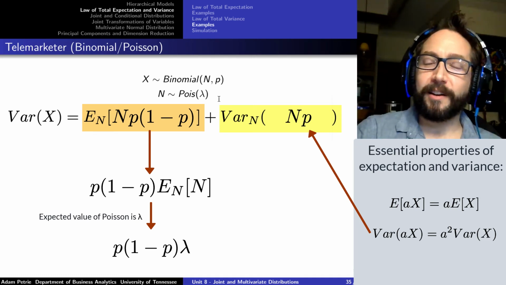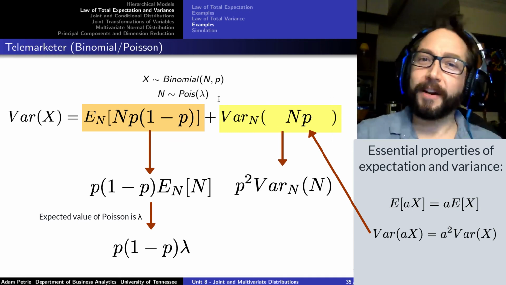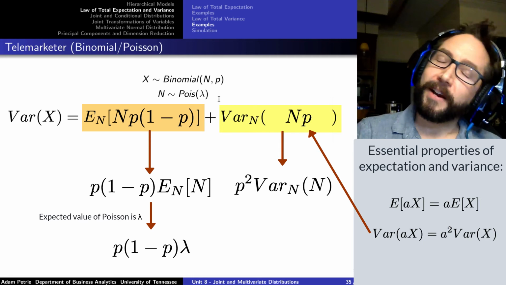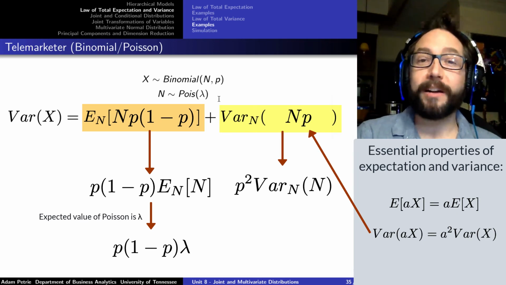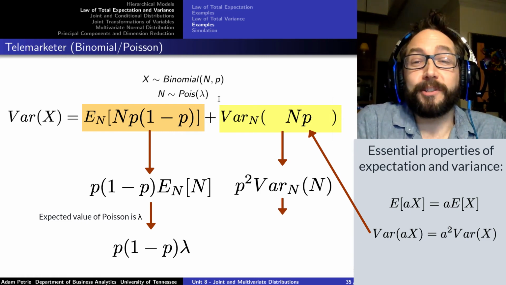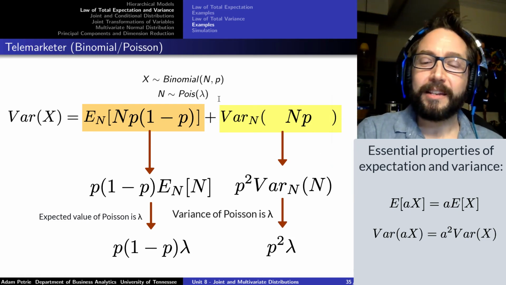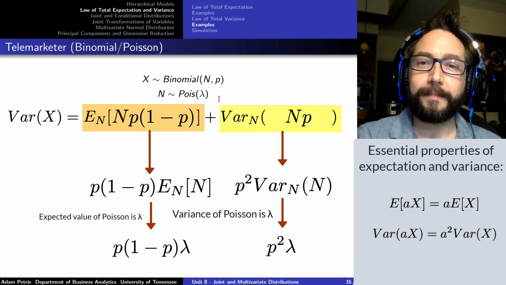So the variance of n times p, p being a fixed number, is just p squared times the variance of n. I can look up the variance of a Poisson random variable. It's also just lambda. So the variance of n times p is p squared times lambda.